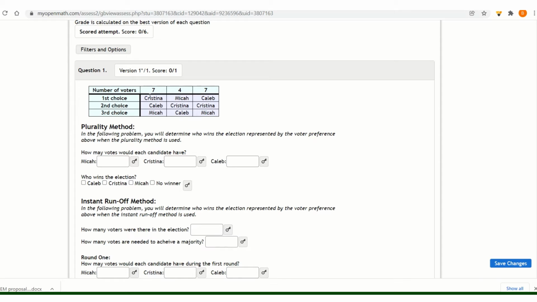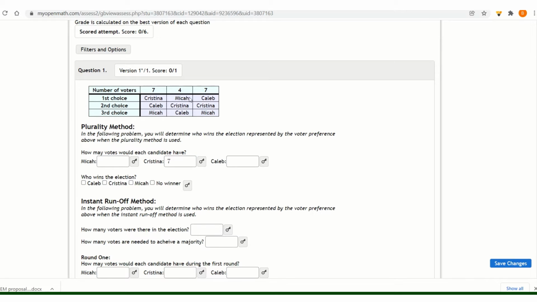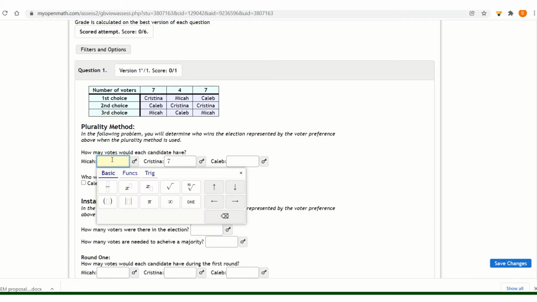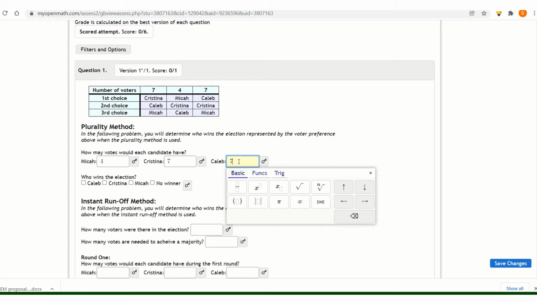Christina's first place votes were 7 people, so I'll put 7 right here. Micah's first place votes were 4 people, so Micah has 4. And Caleb's first place votes were 7 people. So we're only looking at the first row for plurality.